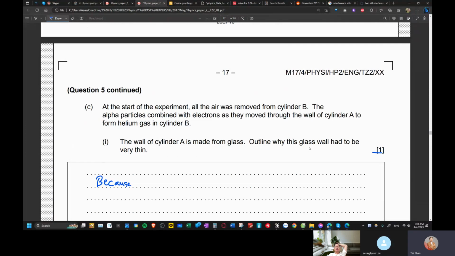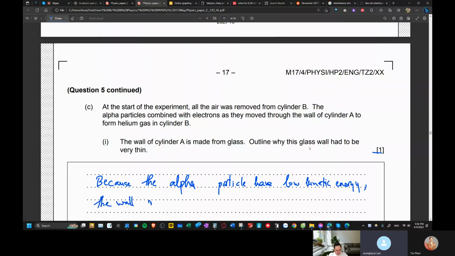If the wall is very thick, it cannot get through the wall. The wall must be thin so that they can get through.